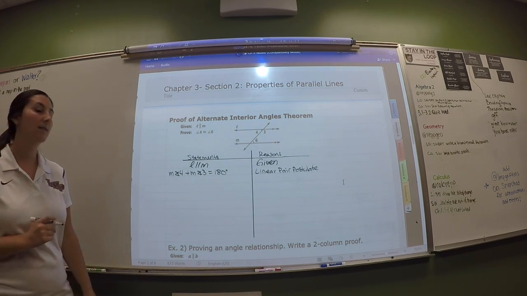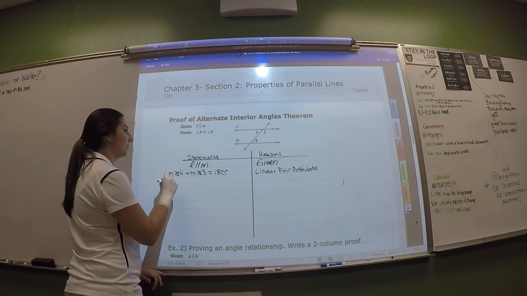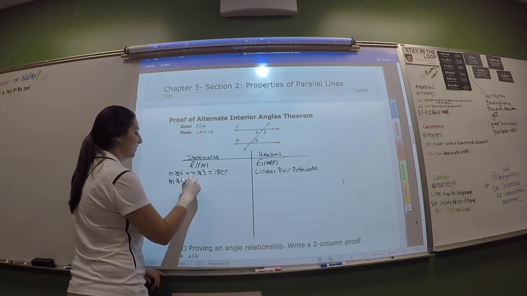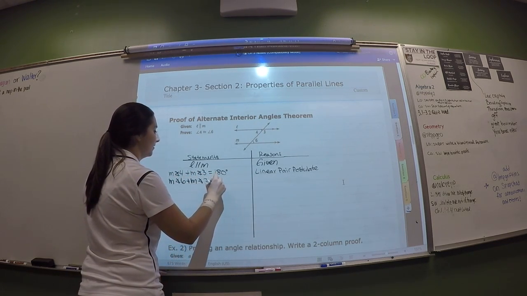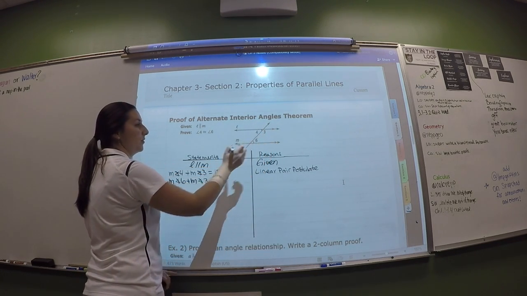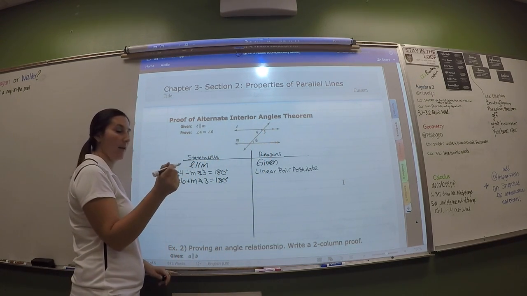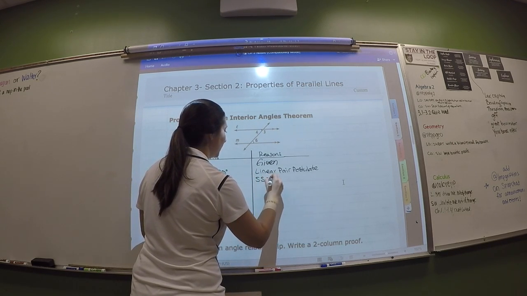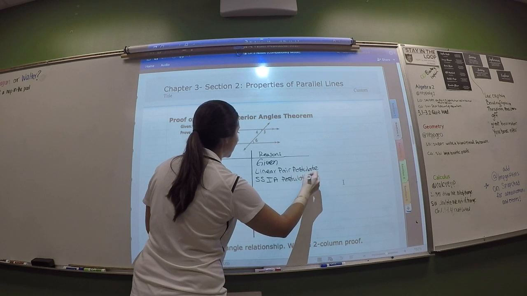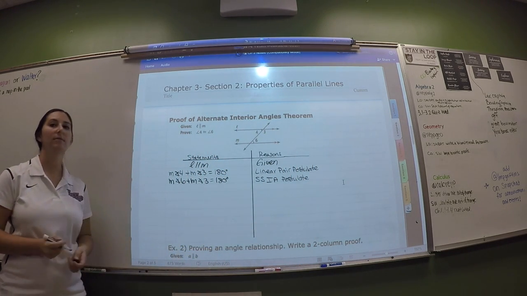Angle 3 plus angle 6 is 180 degrees because of the same side interior angle postulate. So 6 and 3 add up to 180 by the same side interior angle postulate. That was the first one we did. We were using that one because it says postulate.